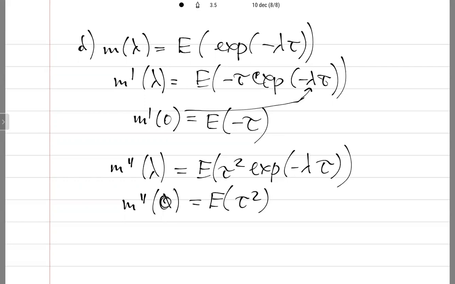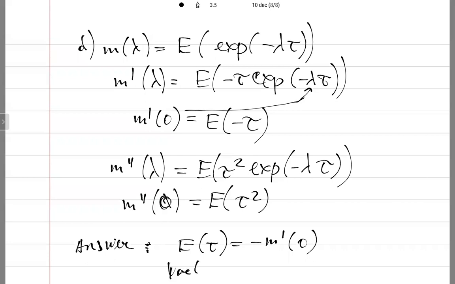So the answer is that the expected value of tau is minus m prime of 0, and I believe that you can take the derivative.